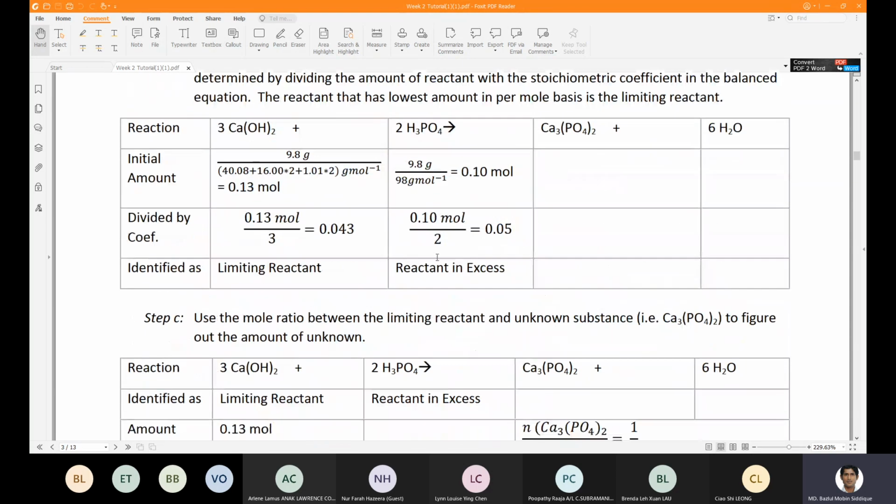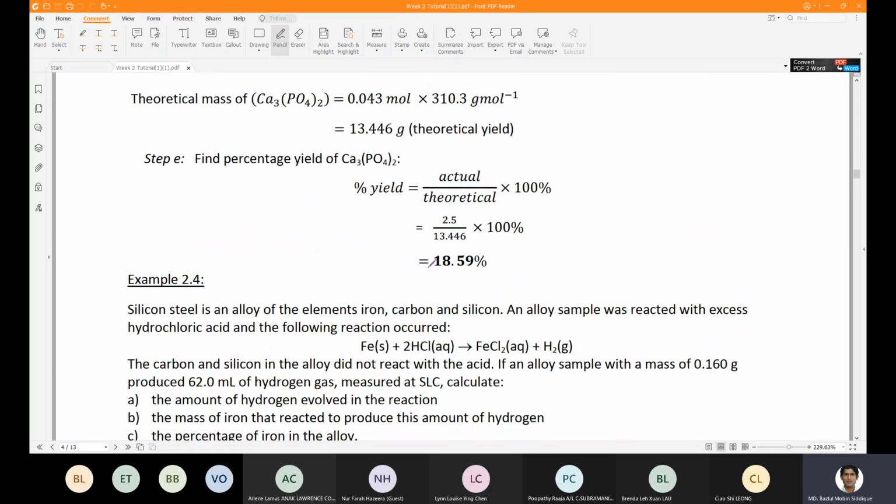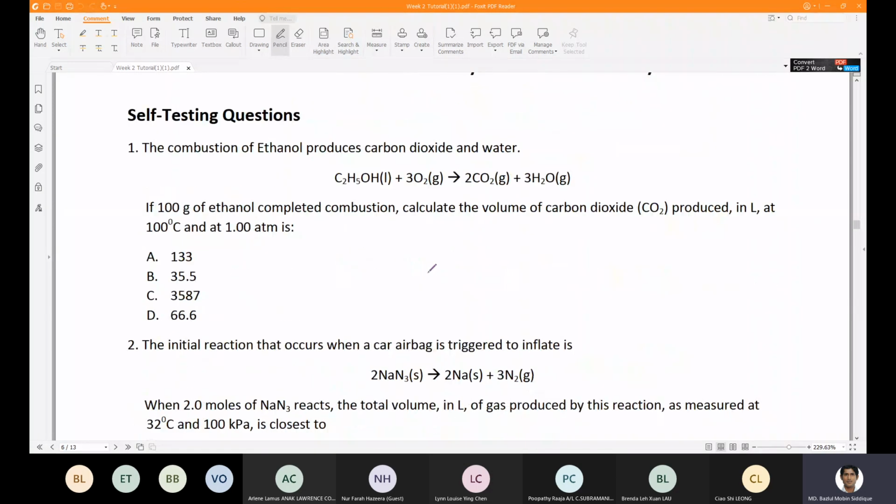Okay, almost half an hour gone, so let's jump into our first question. The first question is asking that the combustion of ethanol produces carbon dioxide and water. We know that ethanol is burnt in air, and we express it this way because in the air there is oxygen.